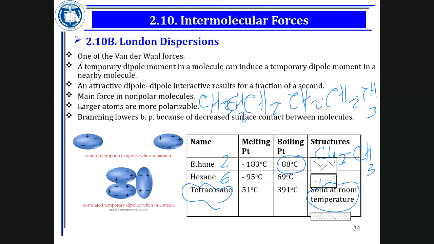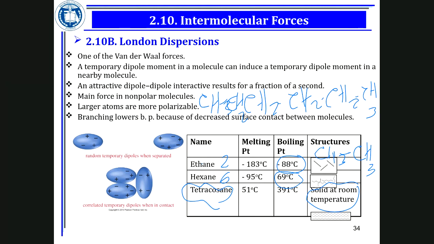How come hexane has a higher boiling point? Because hexane has larger mass, a greater number of carbon. So London dispersion increases with increasing mass or number of carbons of the molecule. So going from 2 carbon to 6 carbon, the boiling point increases significantly.